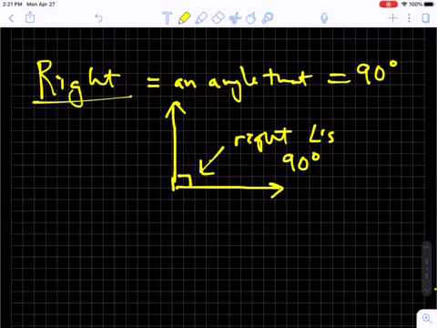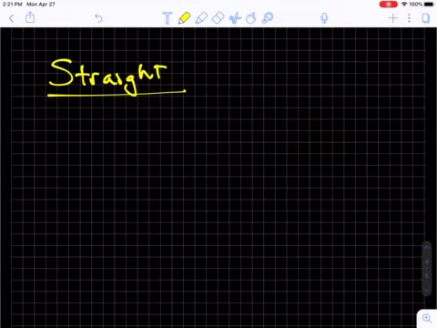All right, now straight angle, the last one we're looking at here. There are a number of different ways to look at it. The first one, pardon my bad writing, is that it's a straight line.